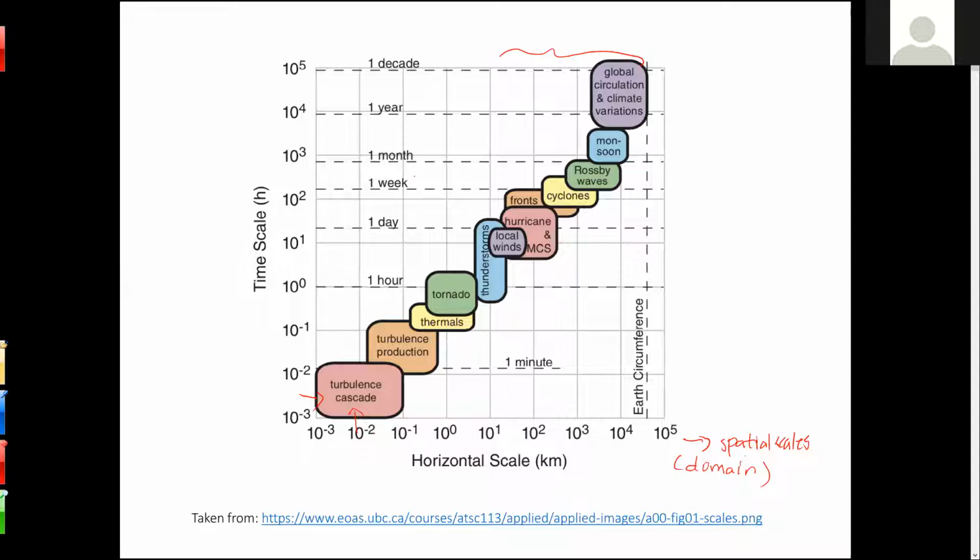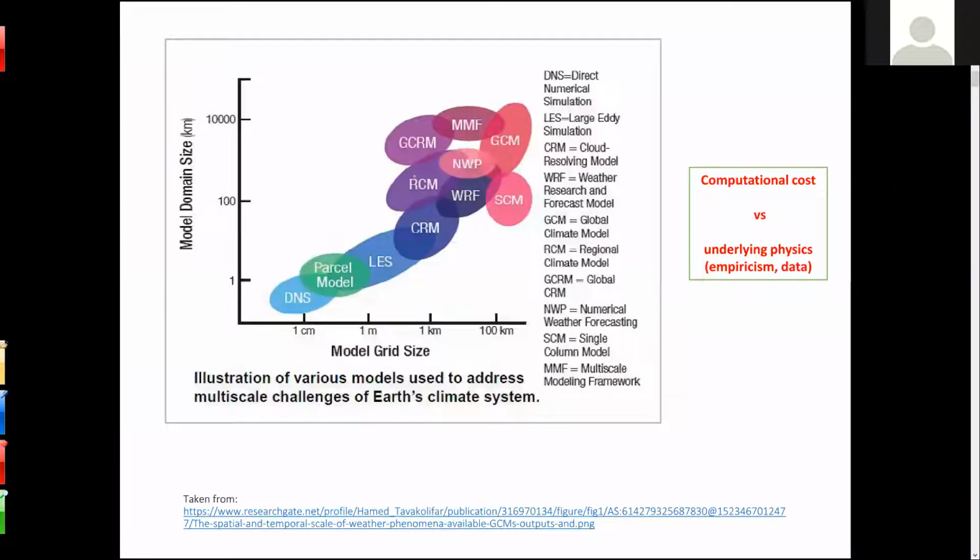All right, say the turbulence. So in here are some known multi-scale models for atmosphere and global climate.